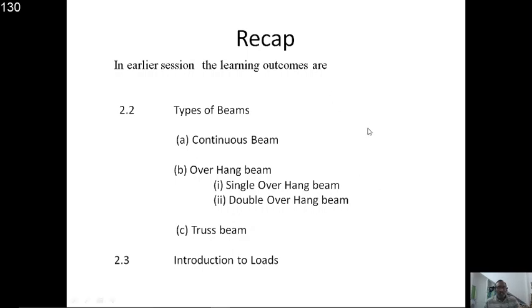We learned in detail about those types of beams and their applications.